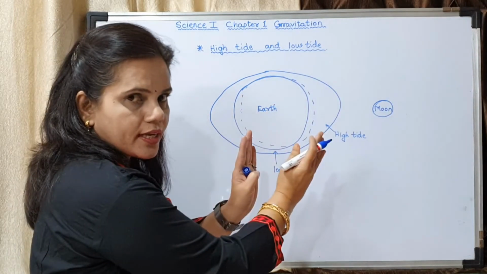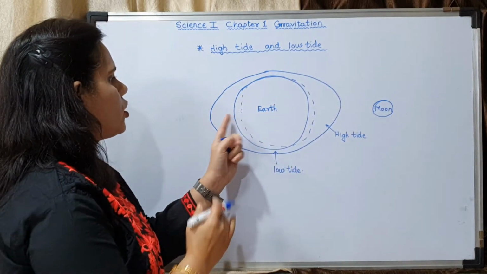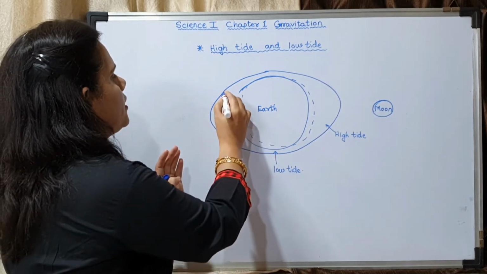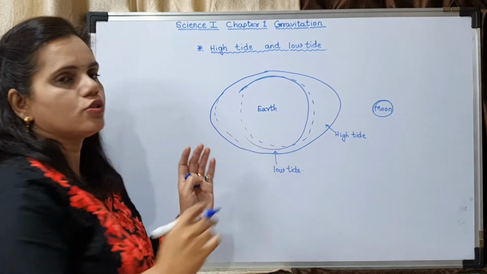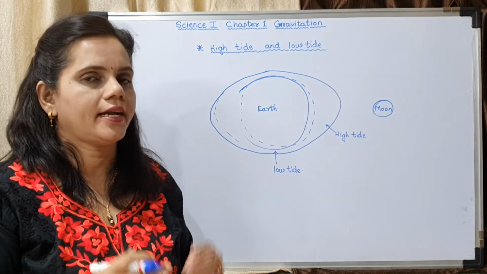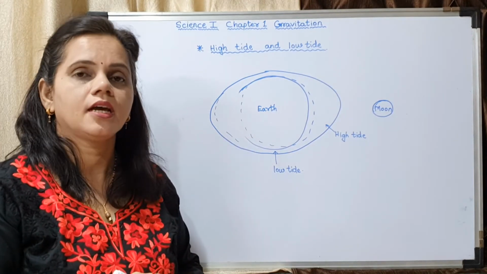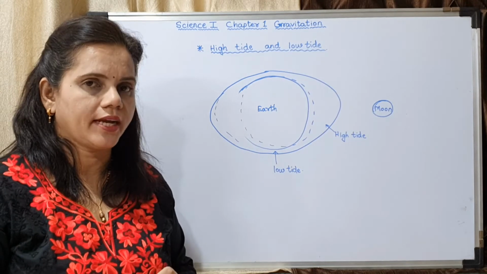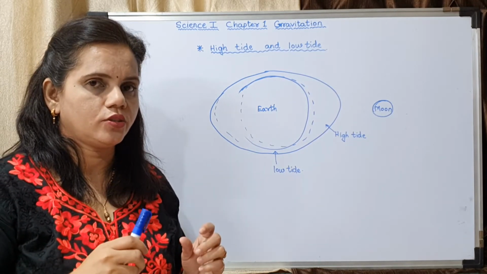As the earth is moving, the water here remains as it is. It is reducing only a little, so there is a bulge, a rise there also. So there are high tides at both places. Okay, hope you have understood high tide and low tide. This is a short note question.